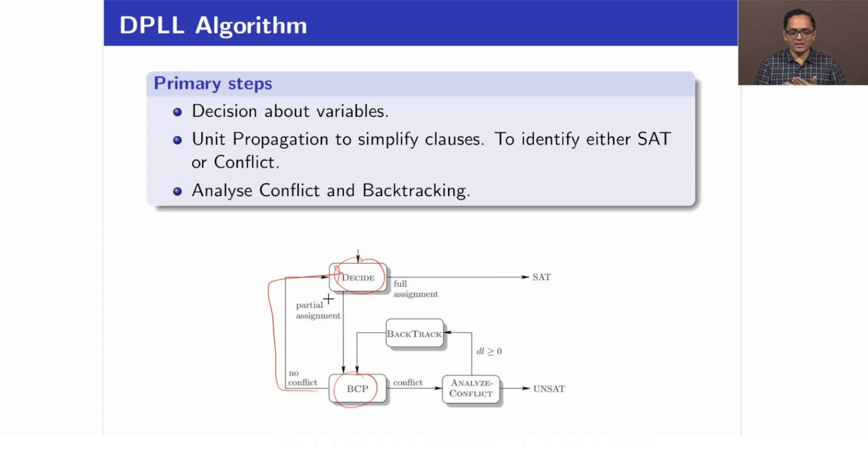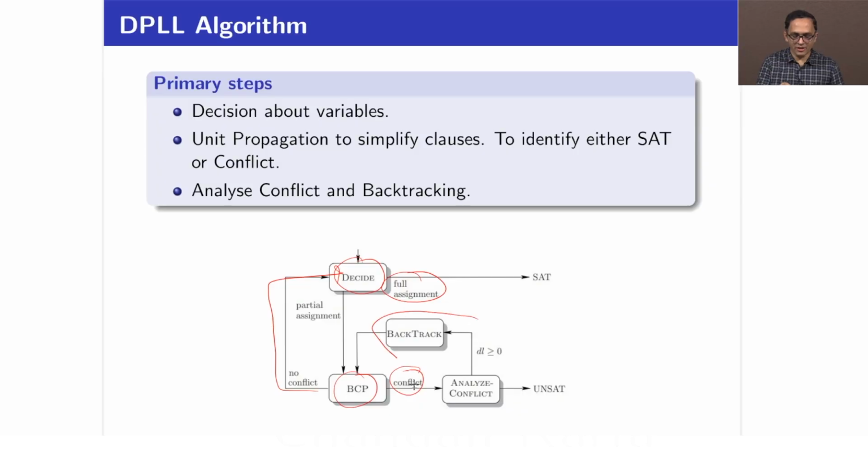This way either I get a full assignment, all variables get some value, and then the formula is satisfiable, or I may end up having a conflict. That means the decisions that I have taken are not consistent with the satisfiability of the formula. So, we had a dedicated class on this: you analyze that conflict and identify a new clause that can be learned from it, which ensures that you do not make the same decision again.